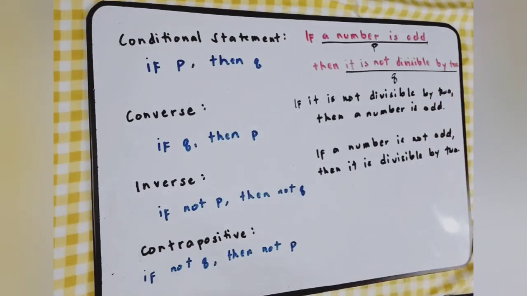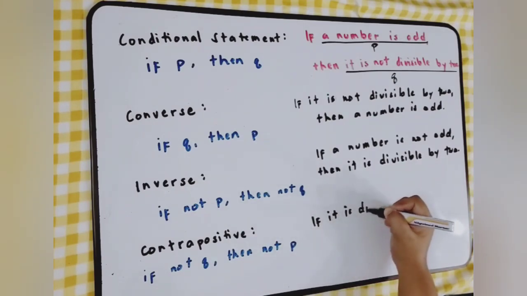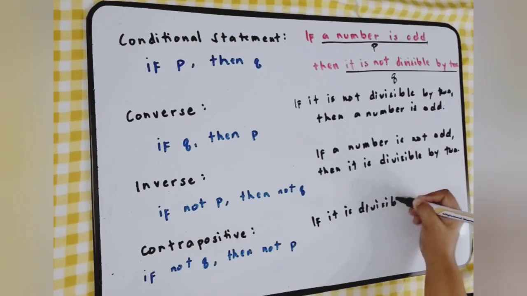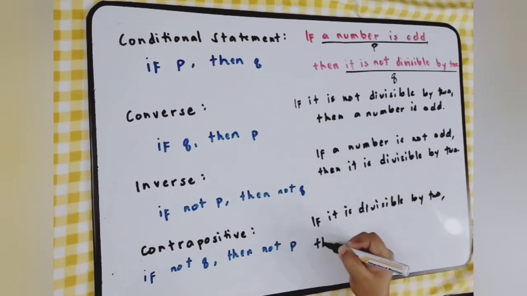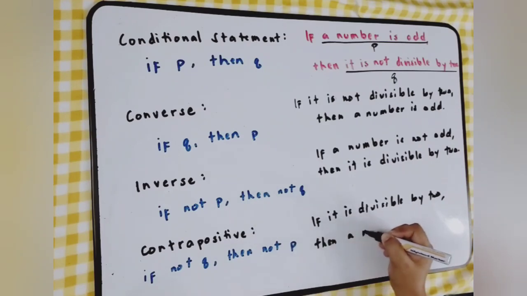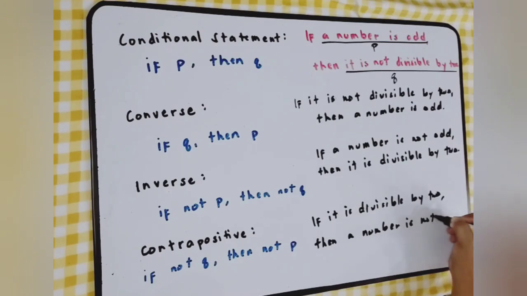Therefore, our contrapositive will be: if it is divisible by 2, then a number is not odd. So this is our topic about the conditional statement.